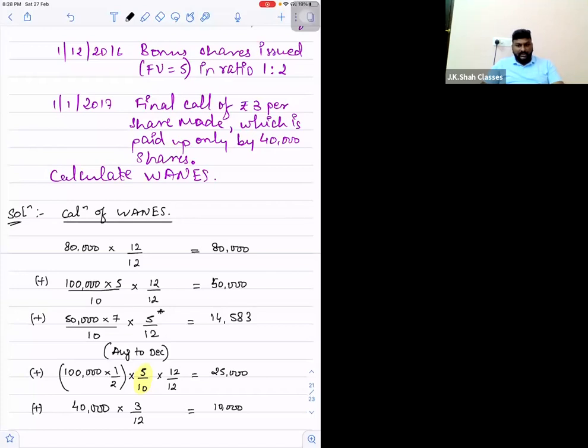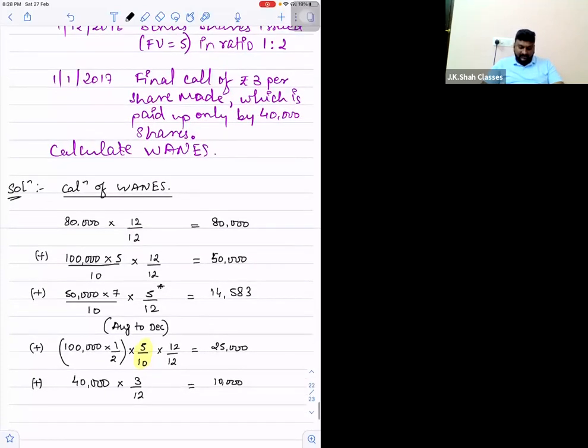Right? And finally, sir, out of 50,000, only 40,000 have become fully paid up. Now, can I say 10,000 are still partly paid up? So for these 10,000, we have to multiply by 7/10 because they are still partly paid up at 7 rupees only. Multiply for a period of last 3 months, that is January, February, and March.